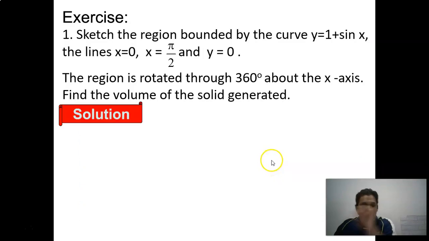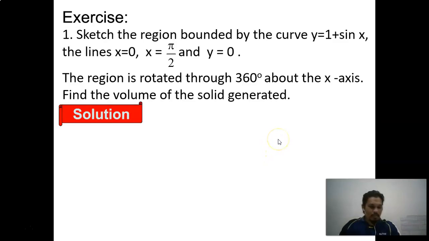So I have a recall exercise for all of you. In this exercise, find the volume of the solid generated here.